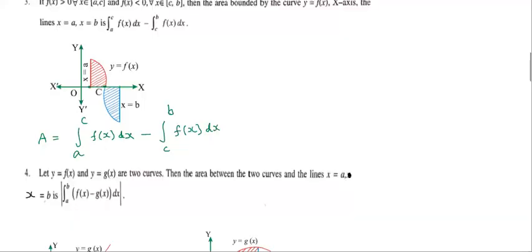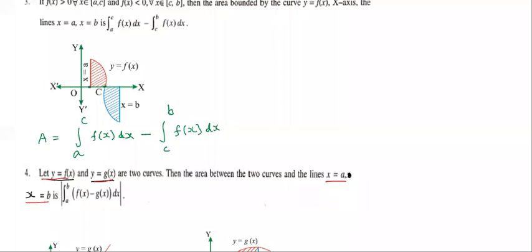Students, observe the fourth point. Let y is equal to f of x and y is equal to g of x be two curves. Then the area between the curves and the lines x is equal to a, x is equal to b is required. Two curves are given and two lines are given.